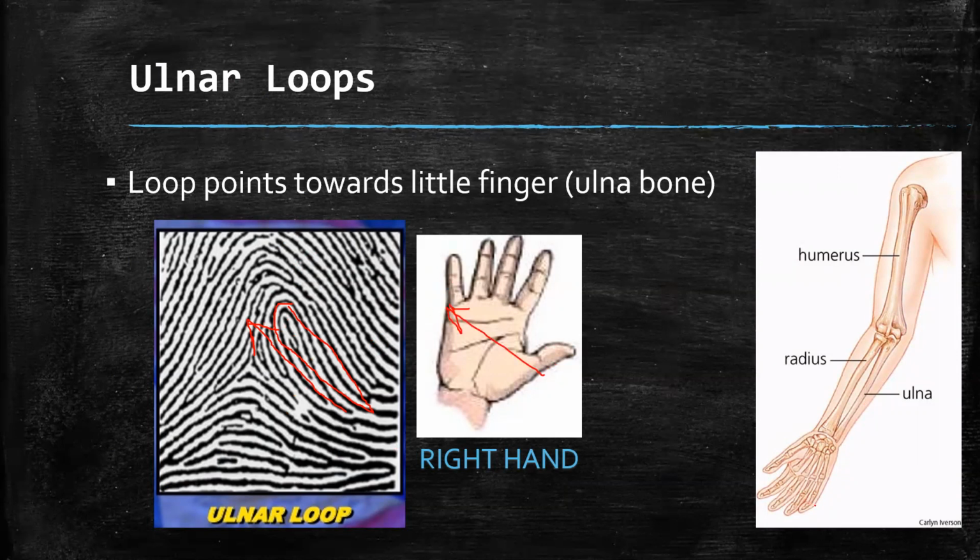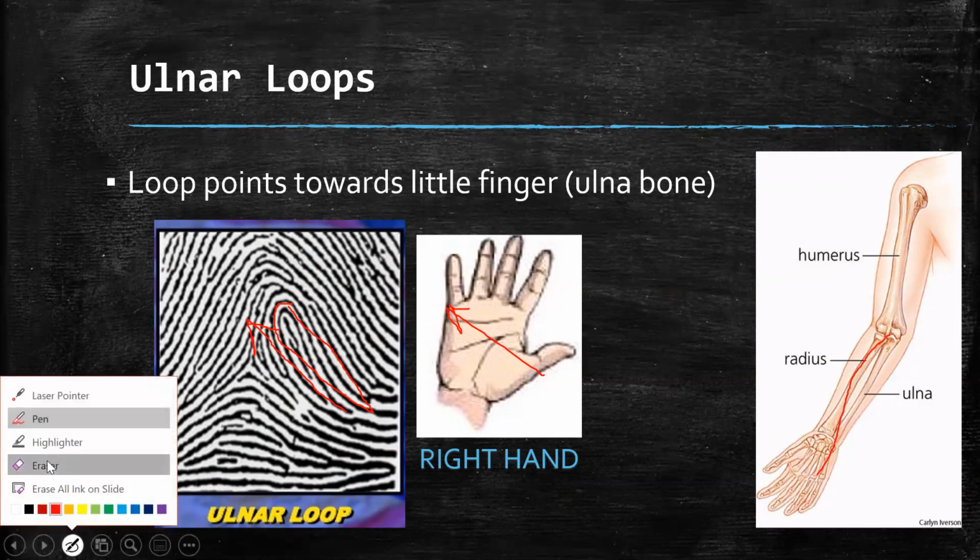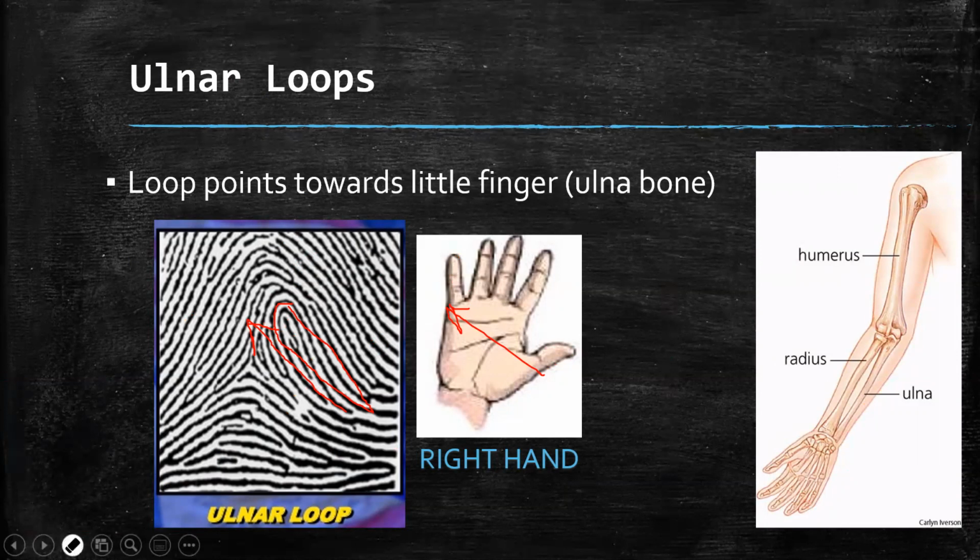The pinky side of your hand is where your ulna bone is. So if you look at your right hand, if you have a print that looks like this picture, in which the fat part of the loop is pointing away from your thumb towards your pinky, that's going to be an ulnar loop. So you actually have to note the hand and the positioning. Is it face down or face up?